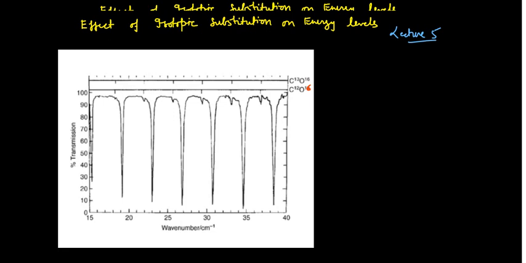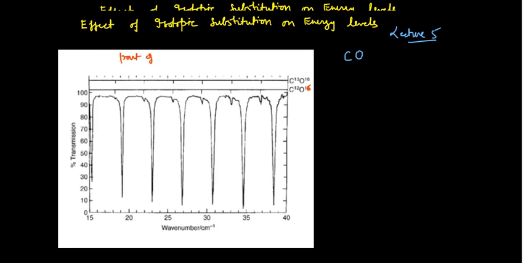So guys, in that case what you can observe here is the microwave spectrum of carbon monoxide. This is not a complete spectrum, guys. Remember, this is only part of the spectrum.